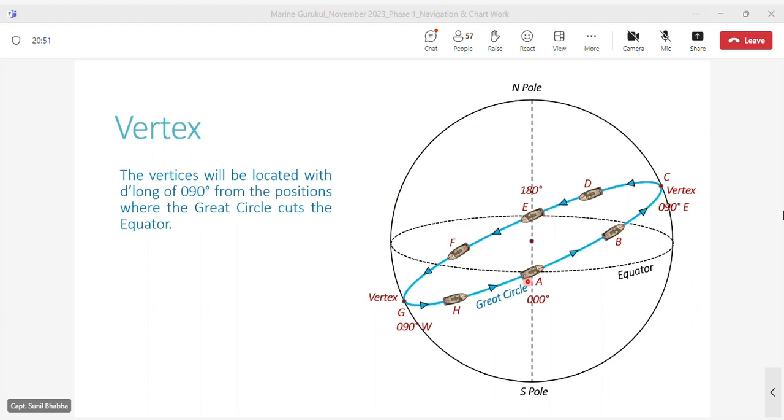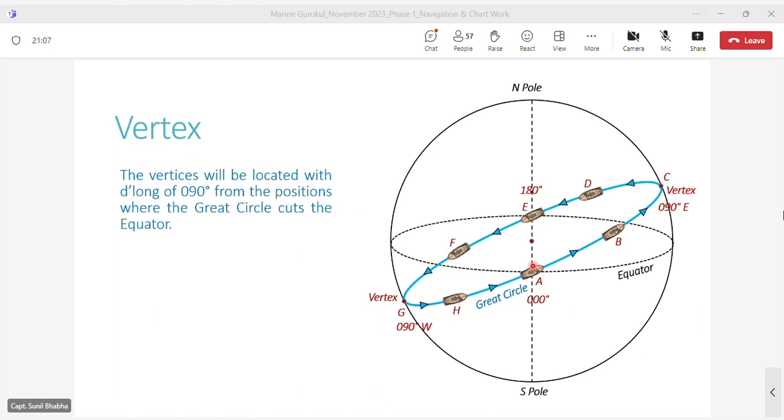So you can see the equator crossing happened at 000 degrees and another location was at Echo, that is 180 degrees. Both these points are diametrically opposite.